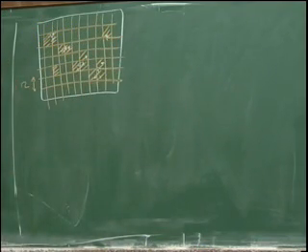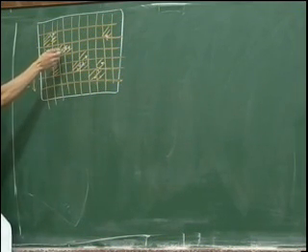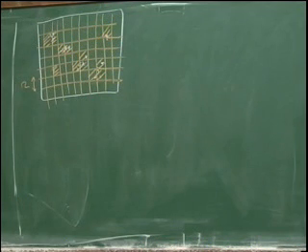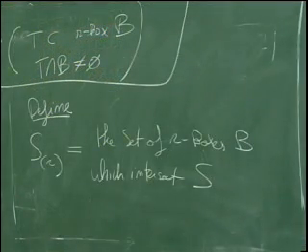So somehow you take your set S, which you expect to be self-similar, and you keep some mesoscopic information about it, but you don't really care about the microscopic information inside. You just keep some macroscopic information, and that is what I mean by this set S of r.